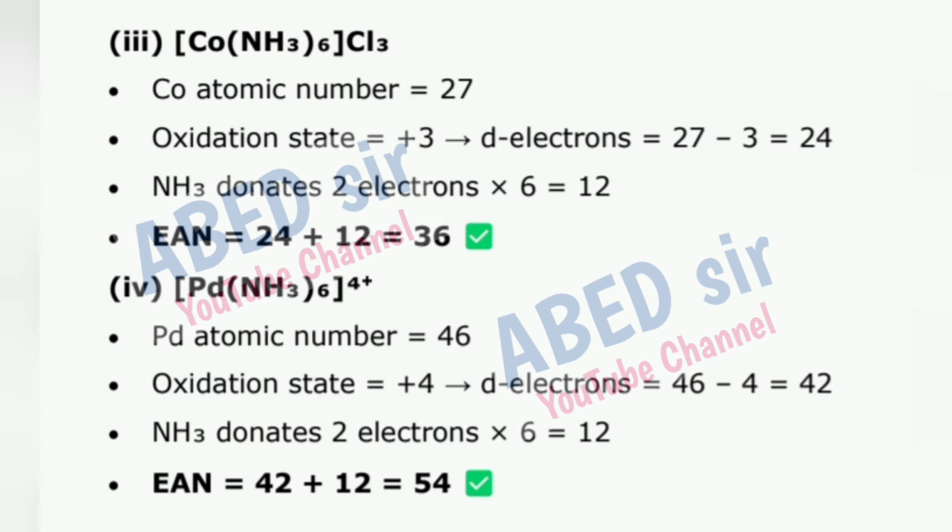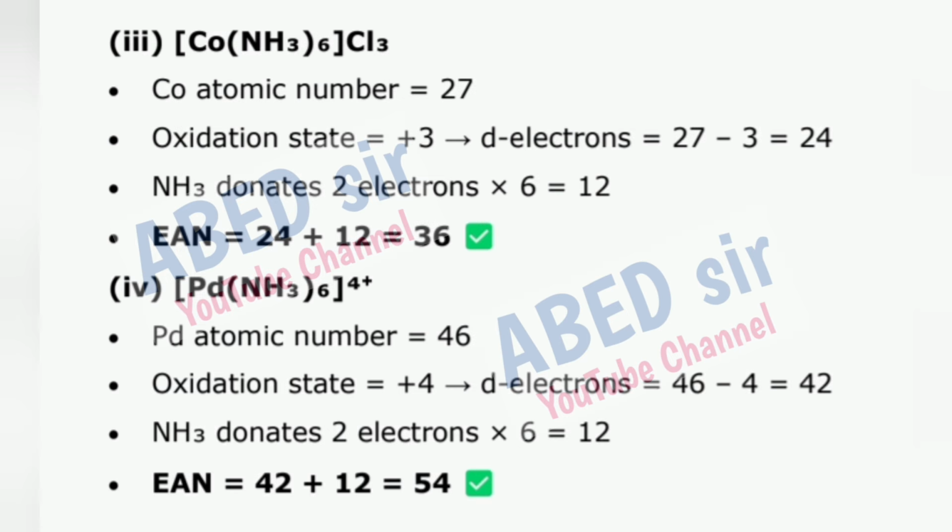3. [Co(NH3)6]Cl3. Co atomic number is equal to 27. Oxidation state is equal to plus 3, d electrons is equal to 27 minus 3 is equal to 24. NH3 donates 2 electrons times 6 is equal to 12. EAN is equal to 24 plus 12 equals 36. 4.